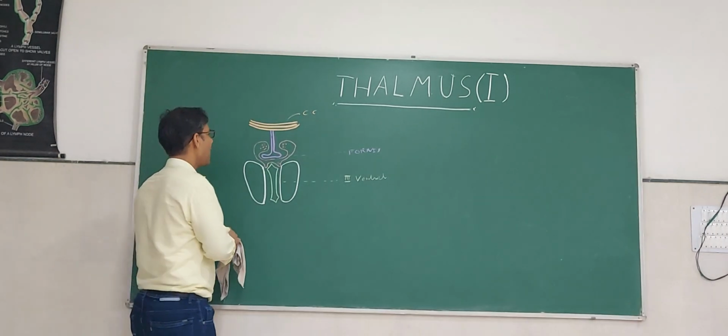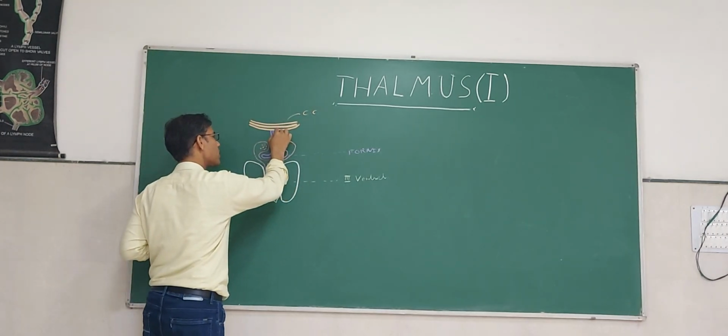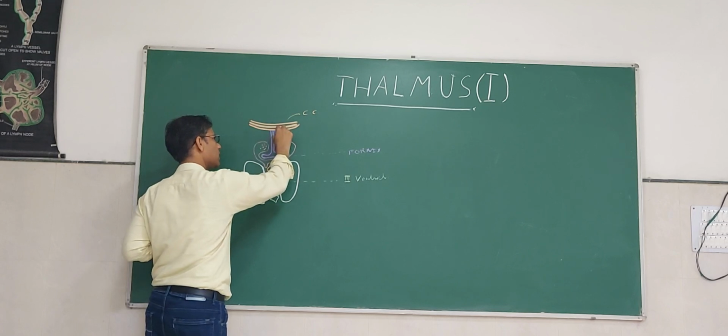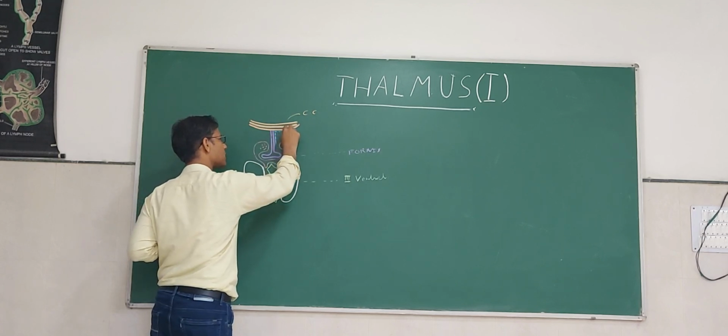Next to this, I am labeling the boundary of the lateral ventricle. This is the part of the lateral ventricle of one side, in a dotted line, underneath the corpus callosum.